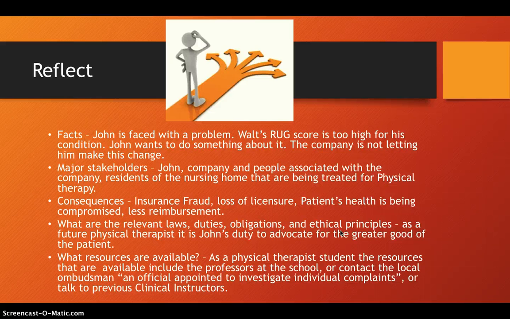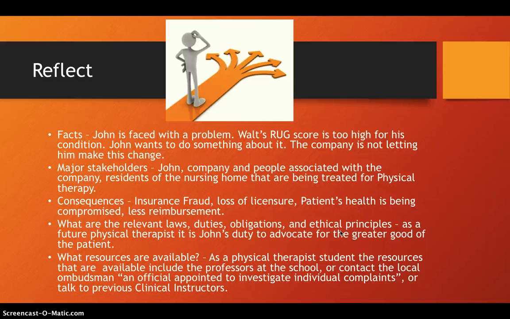So, what resources are available? Like we said earlier, as a PT student, we do have our professors as a resource that we can talk to. If our CIs or the supervisor at the facilities where we're doing our rotations are not helpful, we can definitely contact the local authorities, such as your local ombudsman, which are officials appointed to investigate individual complaints in nursing homes and places like that.